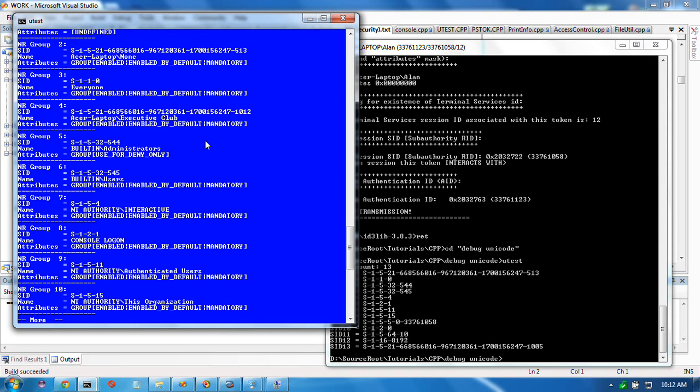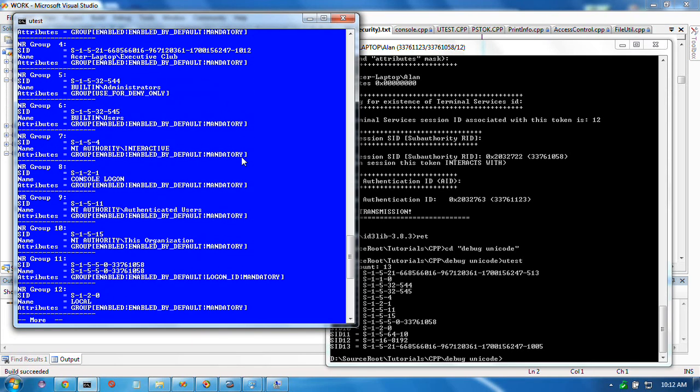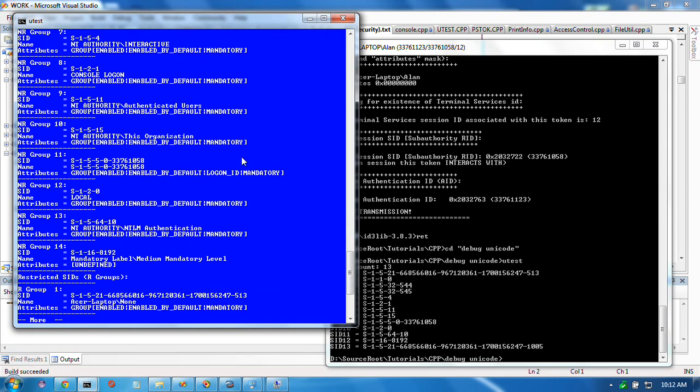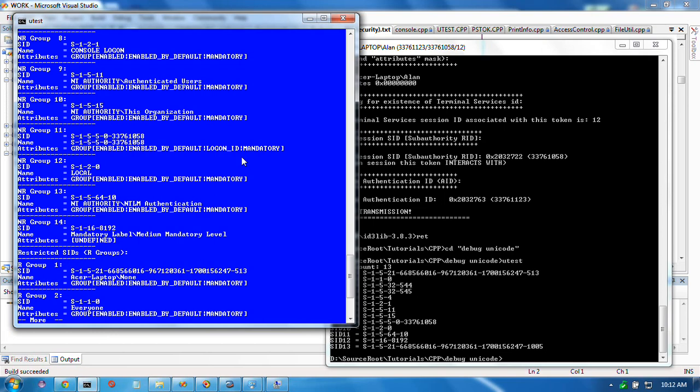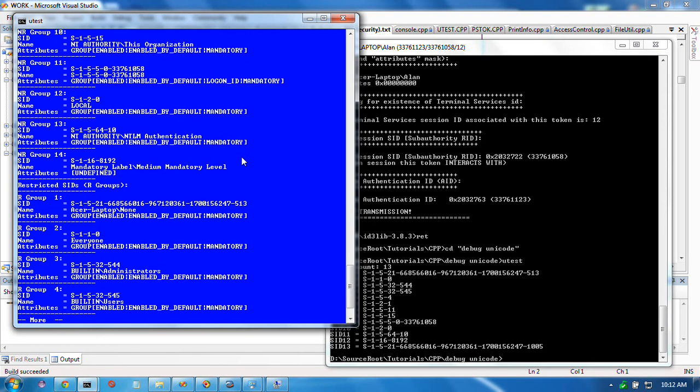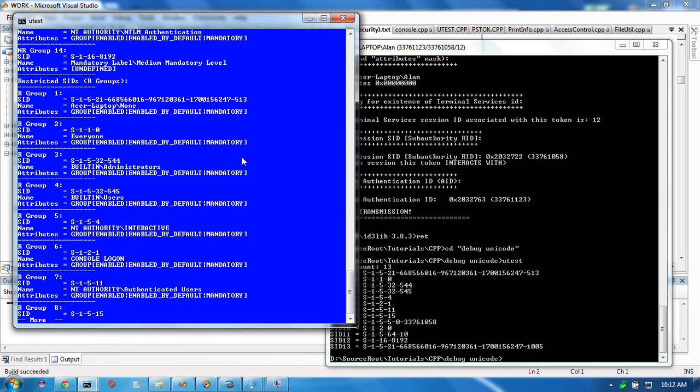Okay, but administrators deny. So as far as the group is concerned, you would think, it's so funny, you would think it doesn't grant full access. Well, that's what I thought anyway.